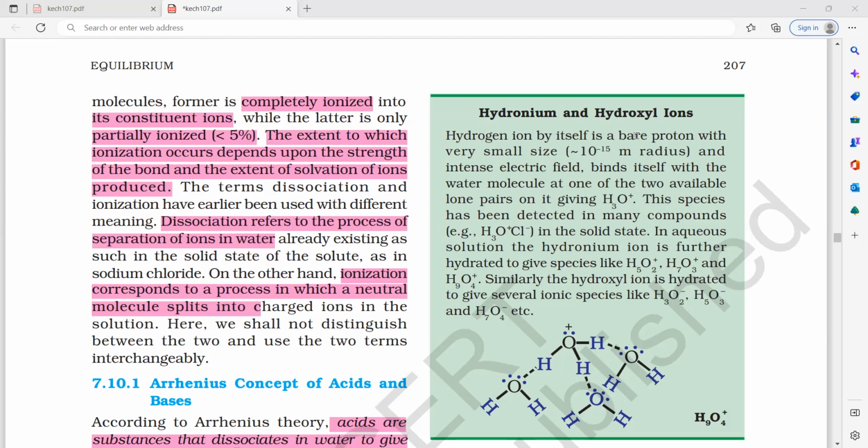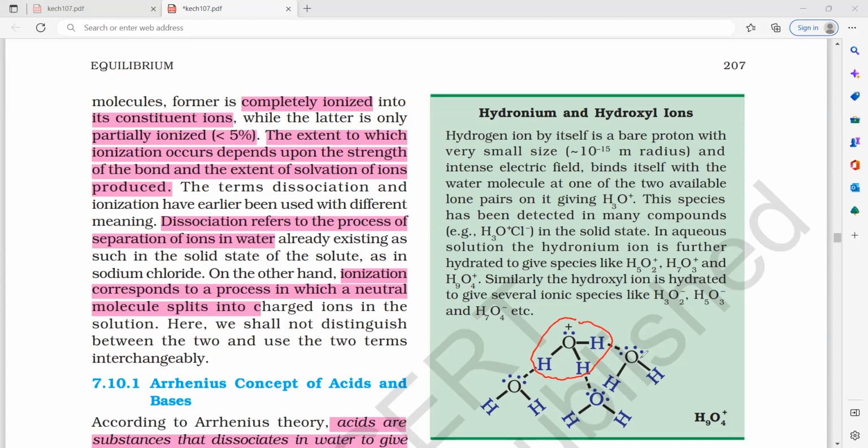So this is shown below. You can see this one is H3O positive. This species has been detected in many compounds, for example H3O positive Cl negative in the solid state.